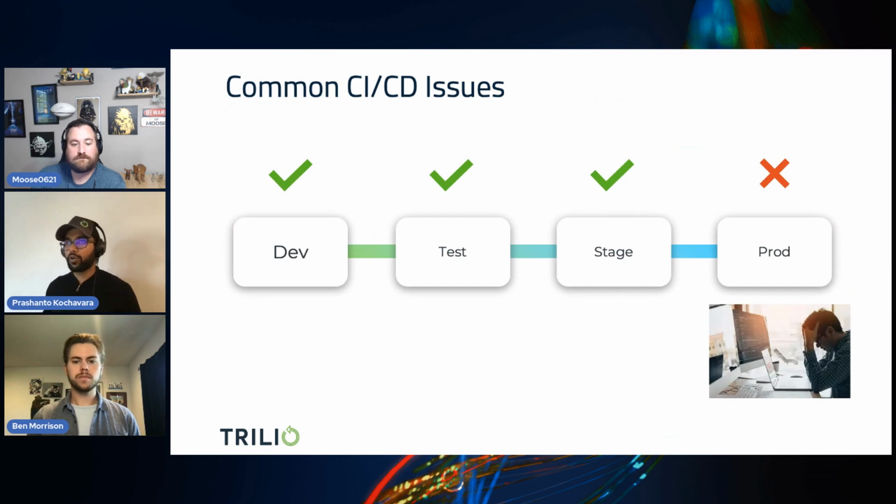Okay, so one of the most common CI/CD issues that we hear about when we talk to our customers is that when they are developing code, everything works well in their dev environment. They move it into their test environment. They are able to test properly, and everything works there as well. Staging wise, just before launching into production, everything looks clean.